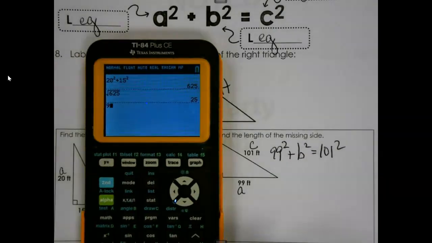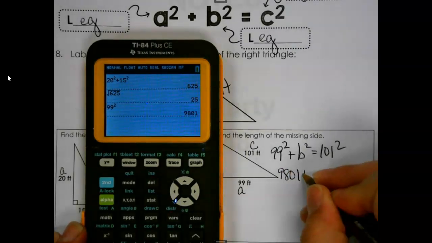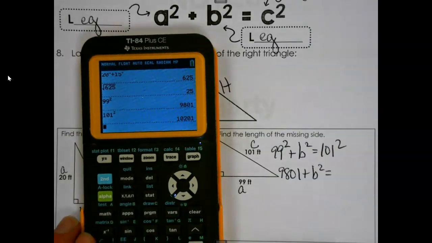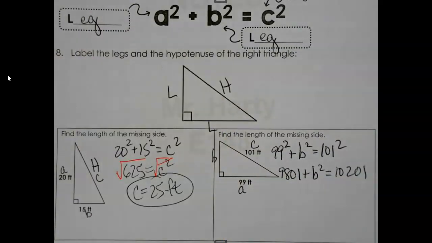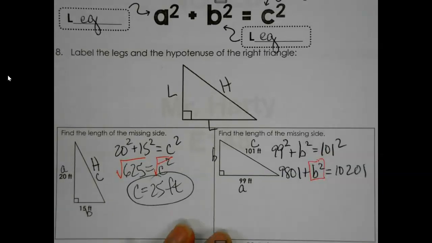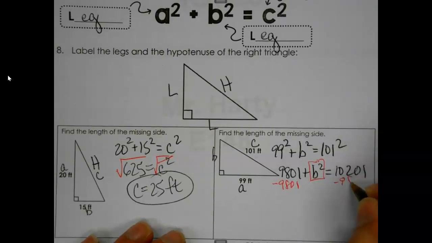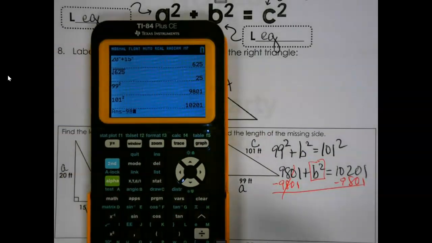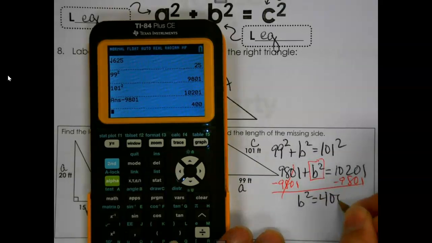Let's see what we've got here. 99 squared is not one I know off the top of my head. 101 is not either. So this time, I can't just square root right away, because b squared is not by itself yet. So get that 9801 out of there.